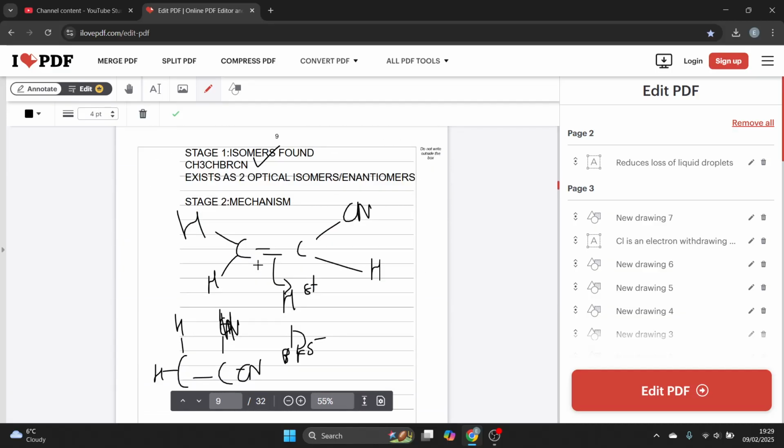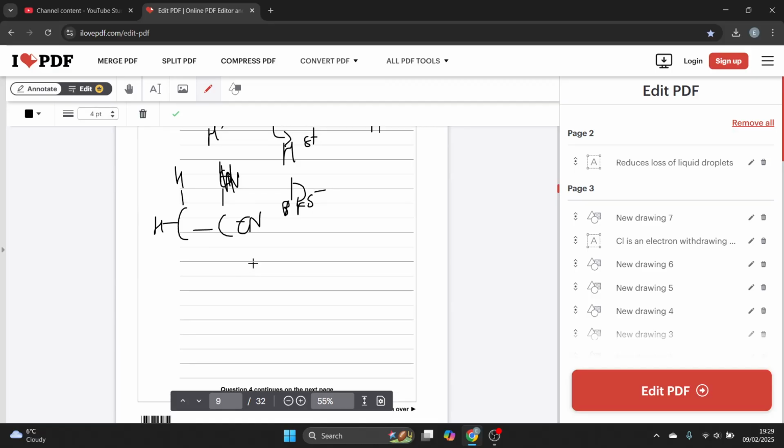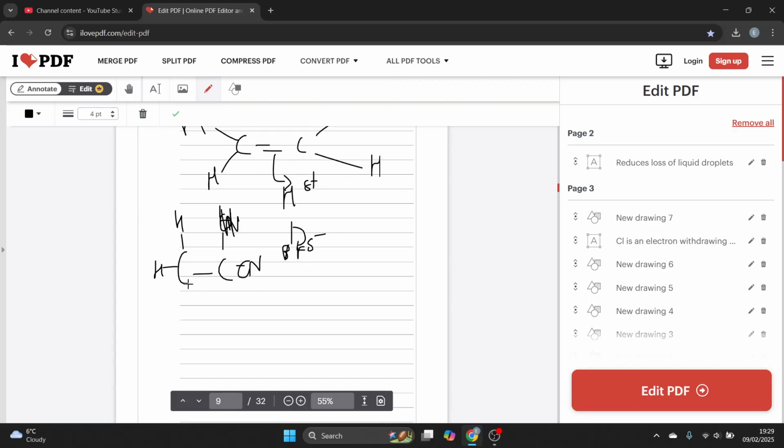CH3CHBrCN. Then either the hydrogen can be here, and then this carbon is a cation, an organic ion containing a positively charged carbon, and the bromide goes here. Or it's the other way around, and that's the positive charge, the lone pair of electrons, and the Br minus goes there.